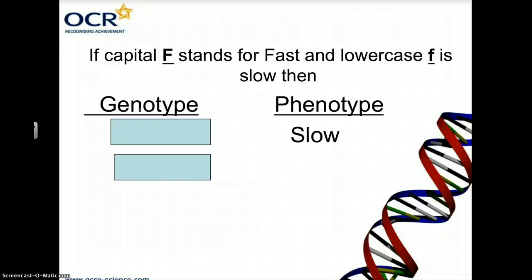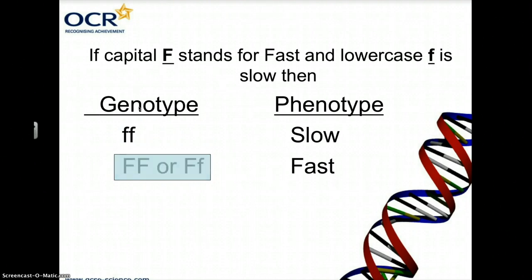So hopefully you have some letters in your head. Is it big F, little f, little f, little f? If you're slow, you have to be little f, little f. That's the only way you can end up slow. And if you're fast, you have two possibilities. You could be capital F, capital F, or you could be capital F, lowercase f, because as long as there's a capital letter in it, you're going to end up having that trait.